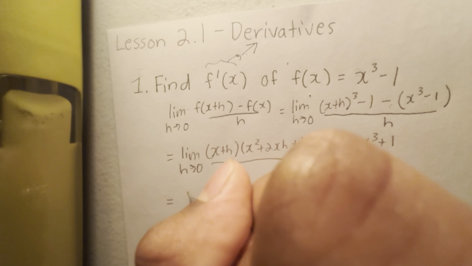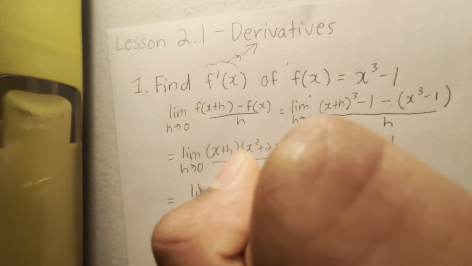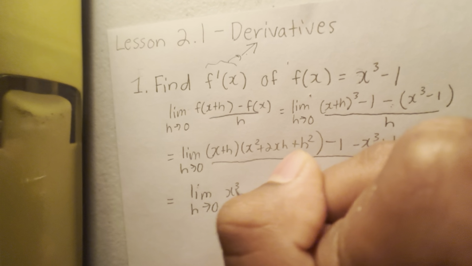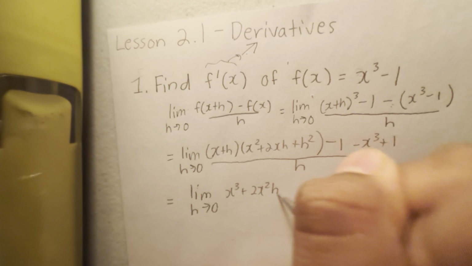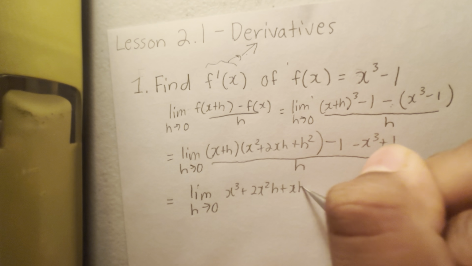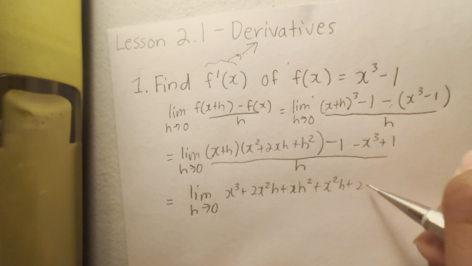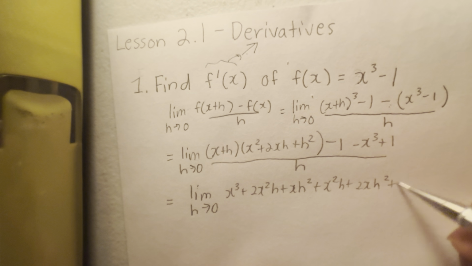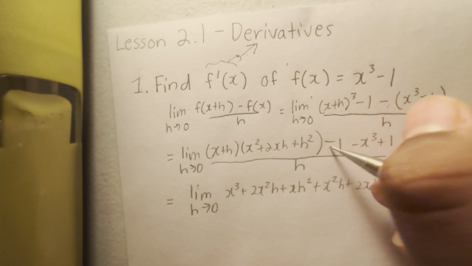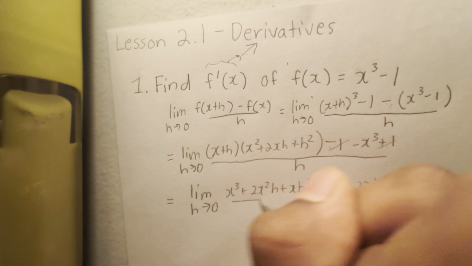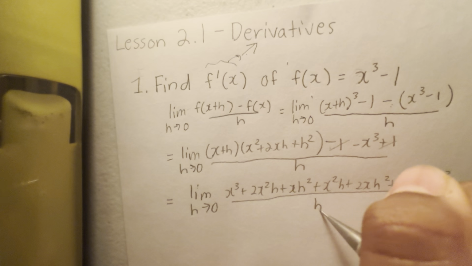Now this would be equal to the limit as h approaches 0 of x cubed plus 2x squared h plus xh squared plus x squared h plus 2xh squared plus h cubed. The plus 1 and minus 1 cancel out, so it's just minus x cubed, all over h.